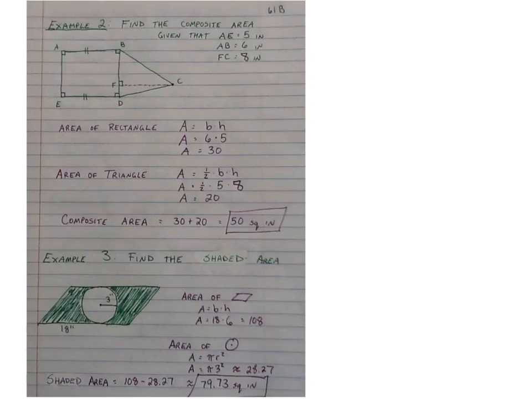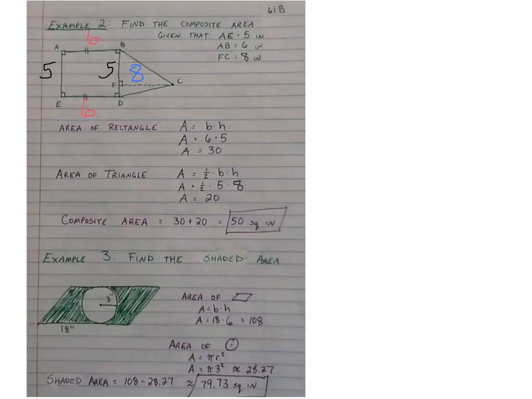So I'll write those in. AE is 5, making BD 5. AB is 6, making ED 6, and FC, the height of the triangle, is 8.